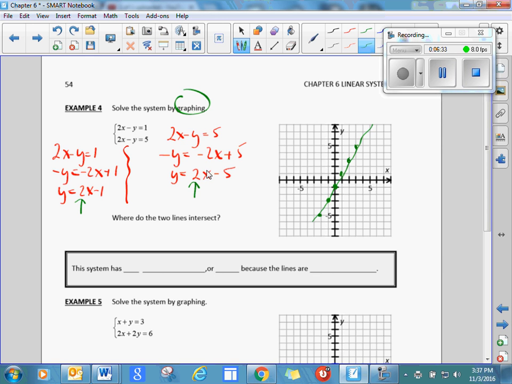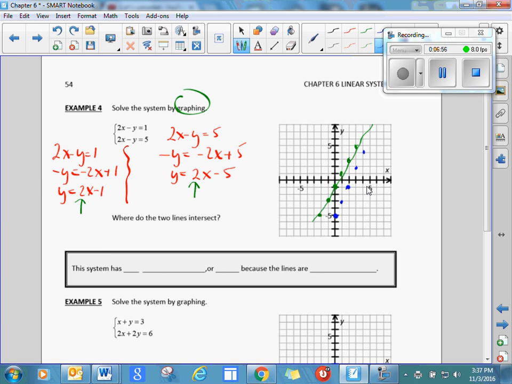And then the second one, we're starting at -5. So that's down here. But the same slope. Up 2 over 1, up 2 over 1, up 2 over 1, up 2 over 1. I think I might have plotted this wrong. This is looking like they're too close together.